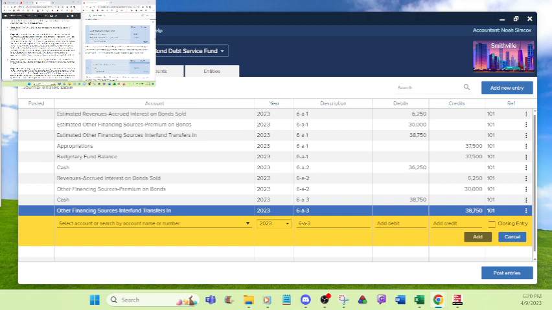The July 1st interest payment was made in the amount of $37,500. I mean, that's a pretty simple thing.